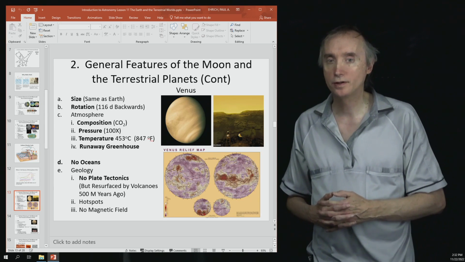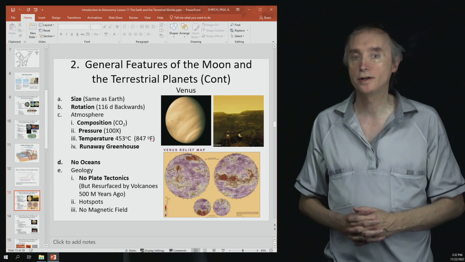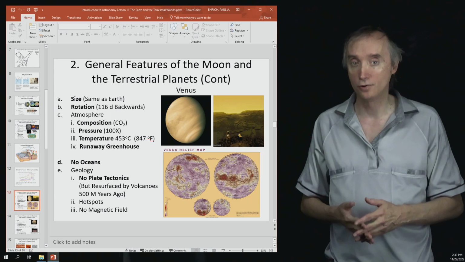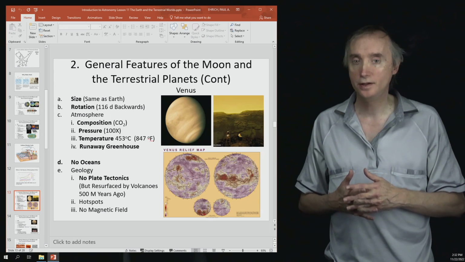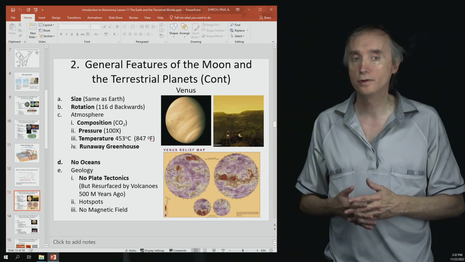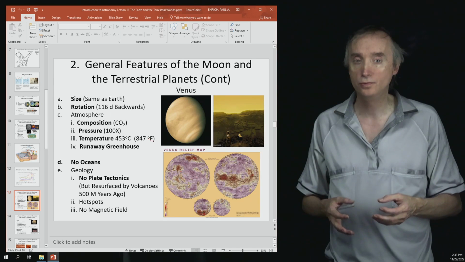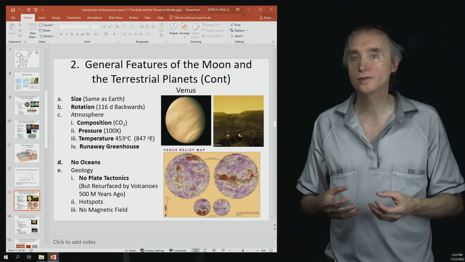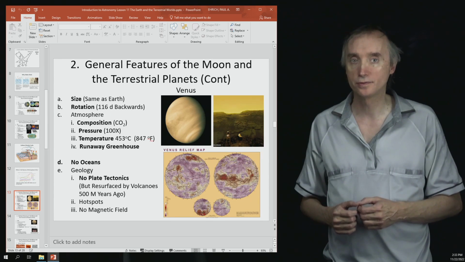So let's see if we can explain why it doesn't have plate tectonics, and that goes with it doesn't have oceans. So the idea is that water in our oceans soaks into the rocks, and then rocks that contain lots of water are easier to melt.